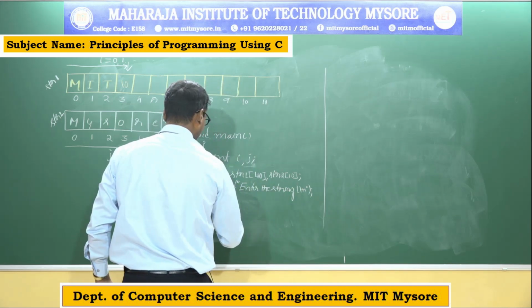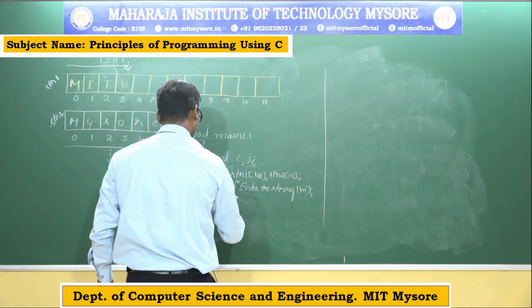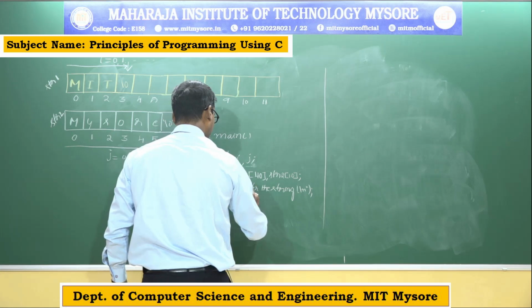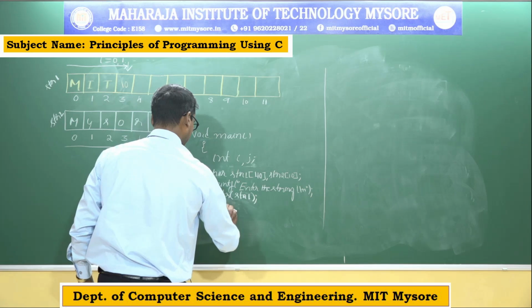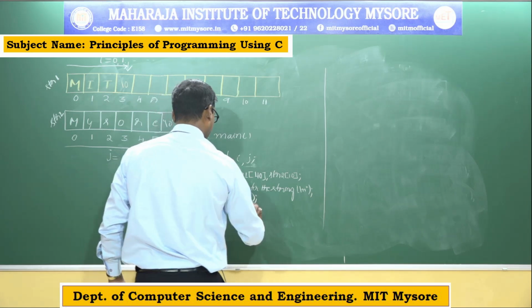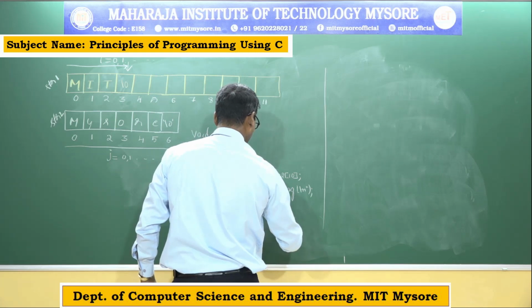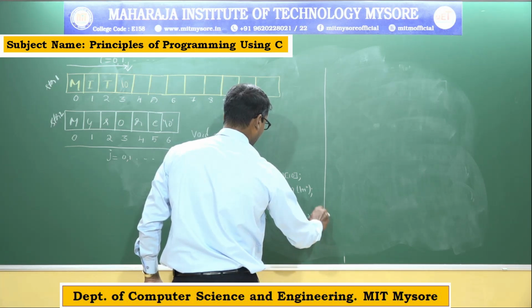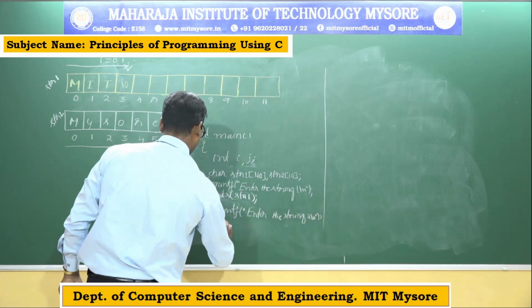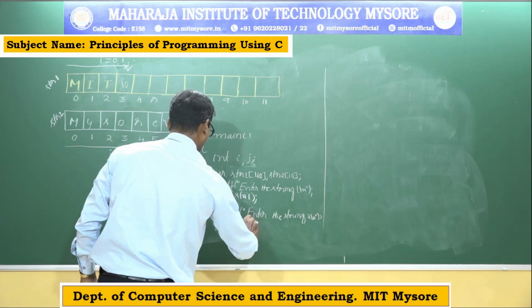Next, either we can use a scanf function or gets. So, here I will use gets of str1. Next, printf("Enter the string 2\n"), gets(str2).